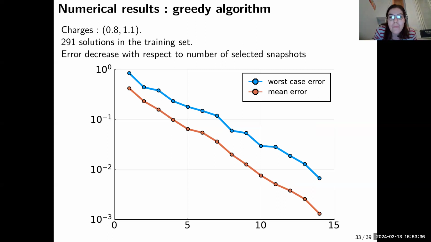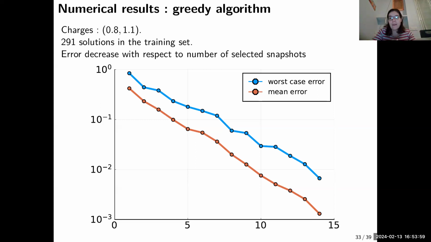So now here are some plots of how the error decays with the number of selected snapshots by the greedy algorithm. I have my one-dimensional toy model with two nuclei, and I make the positions of the nuclei vary over some range of values.